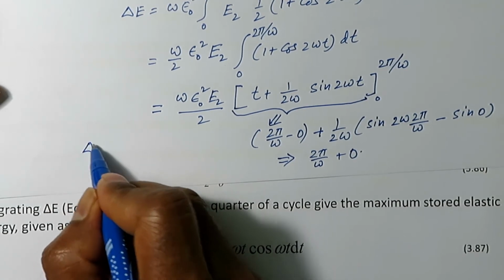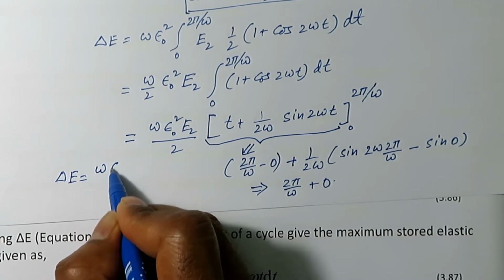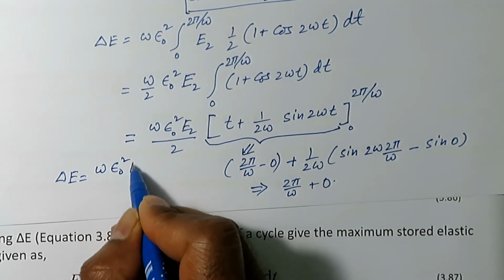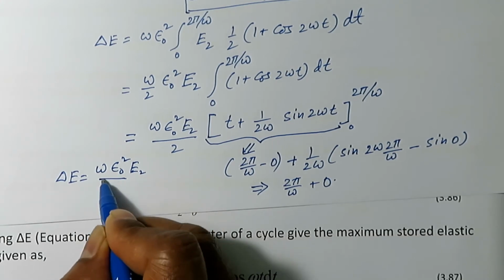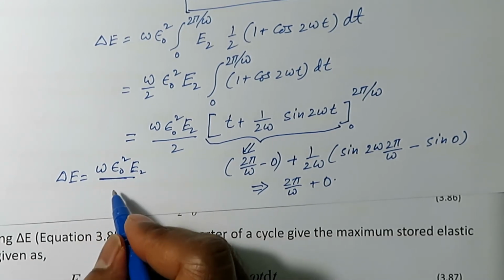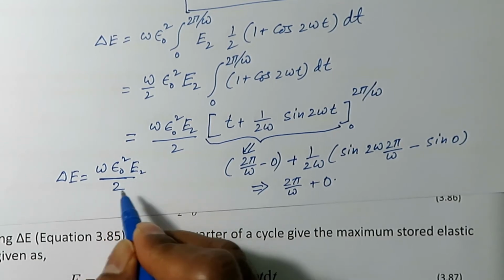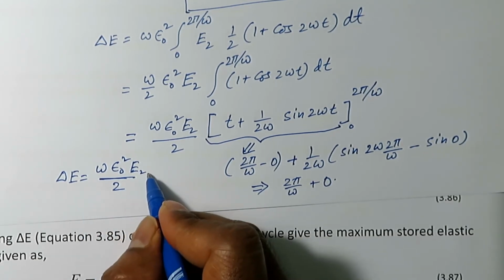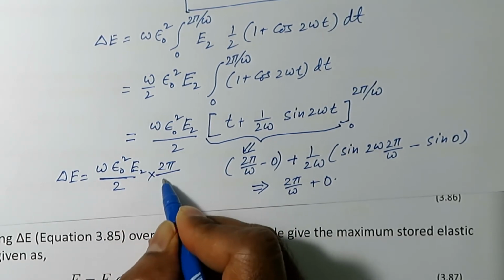So therefore we can write delta E as omega epsilon naught square E2 over 2 multiplied by 2 pi over omega.